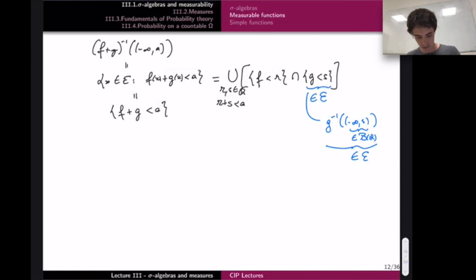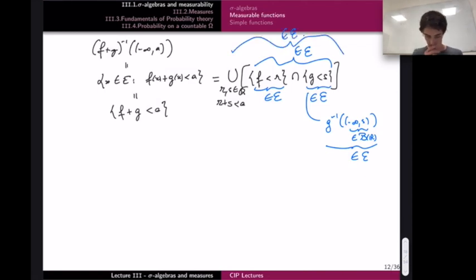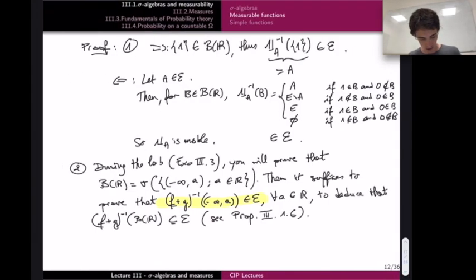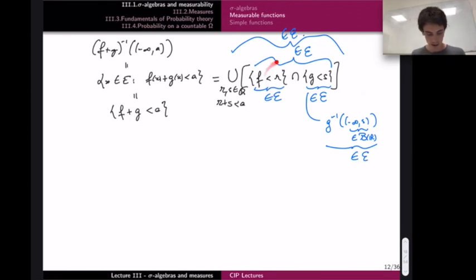For the same reason, this is in E. This is a finite intersection, so this is in E. And now I have a countable union, so all this is in E. And now I have proven what I wanted, that is that the pre-image of this set is in E. Remember, that's exactly what I wanted to prove, which I have achieved here. Okay, so f plus g is measurable.